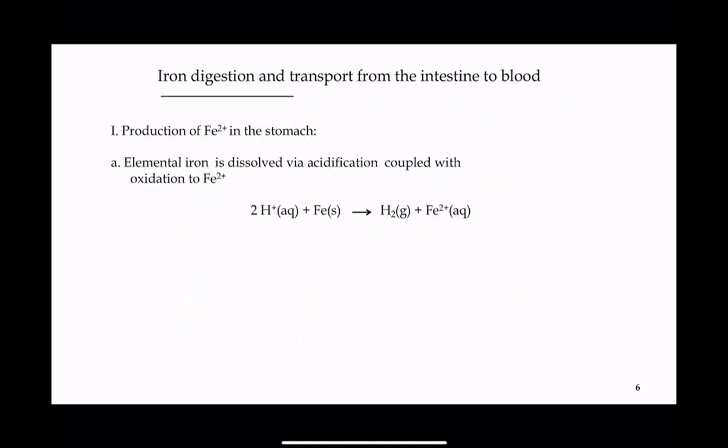All right, so in terms of the iron that's supplemented into cereal, that would be elemental iron. So for us to be able to take advantage of that iron, there has to be a sort of redox process. So we have the iron in its neutral form. We have the acidification that's enabling some amount of the mobilization of this metal. But as you can see, there is a change in the oxidation state.